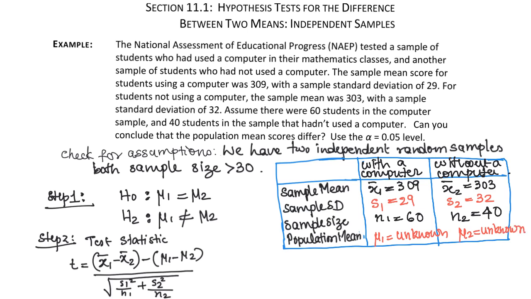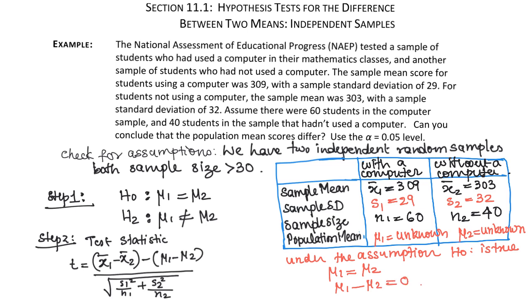But under the assumption that the null hypothesis is true, that means mu1 equals mu2, so mu1 minus mu2 will be equal to 0.